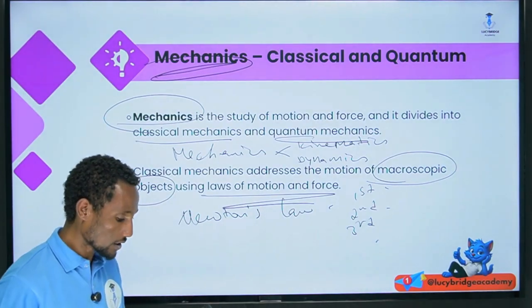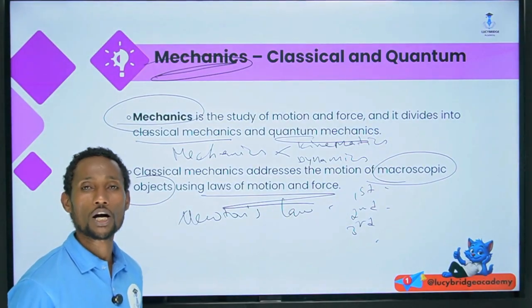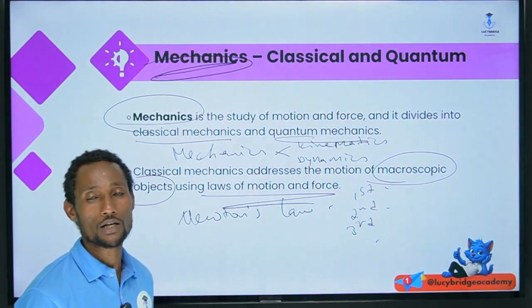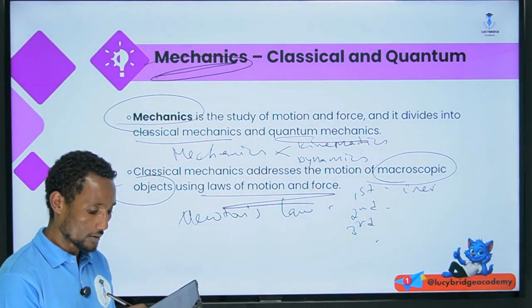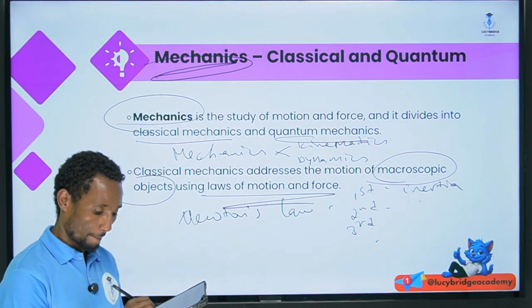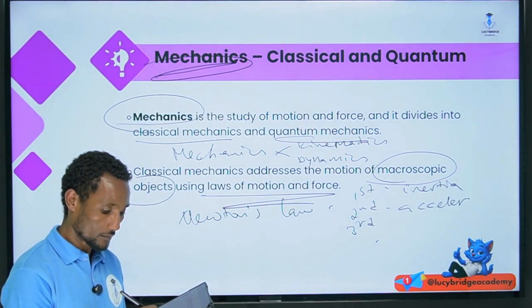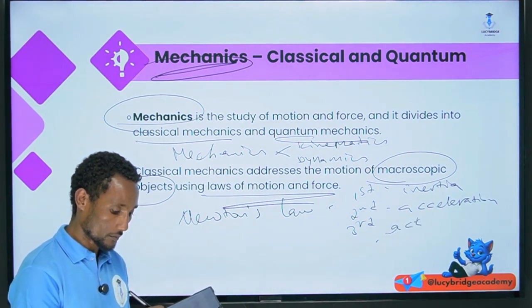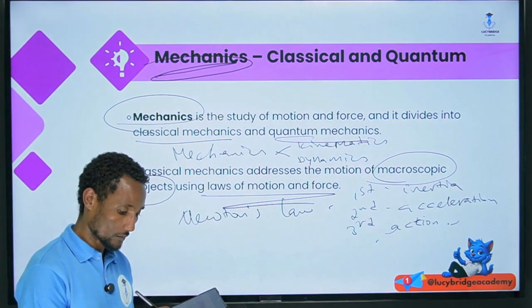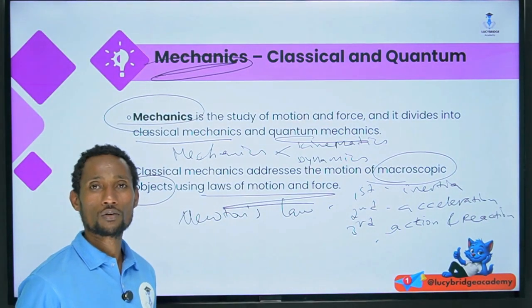So you will see in detail Newton's laws of inertia, acceleration, and action and reaction.